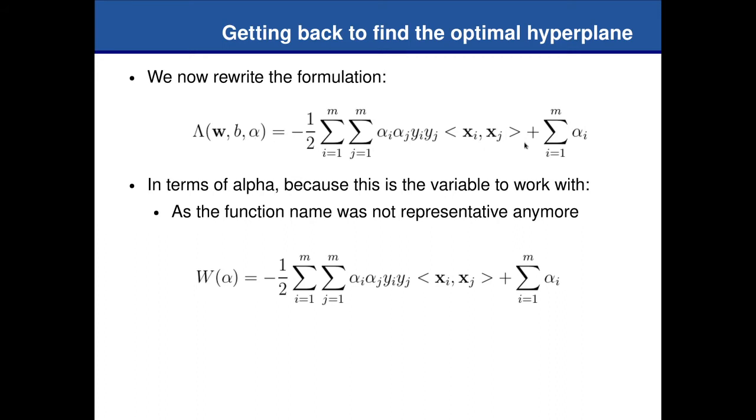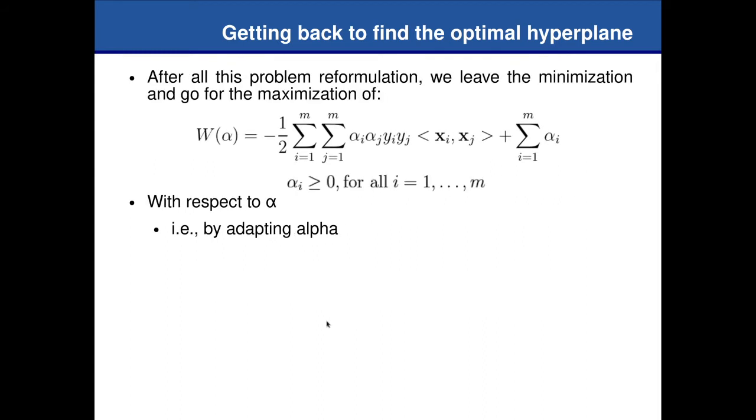Because those are our variables to be adapted. But now, after substituting all those W's and b's over here, we've got just alpha to be found. So we have a simple problem. We just need to find alpha. Instead of finding 3 different variables in our primal problem, in our second or dual problem, we only have alphas to be found, okay? Or estimated, if you prefer, or optimized, if you prefer.